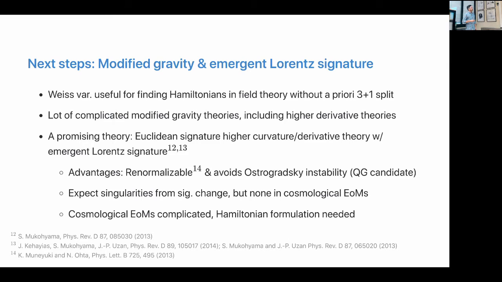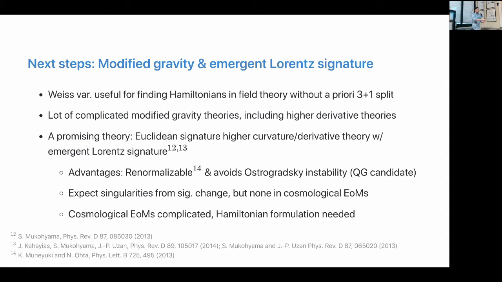The idea is you formulate your theory on a Euclidean signature Riemannian manifold, and you include higher curvature or higher derivative terms in your action, and you construct it in such a way that at low energies you have an effective metric which has a Lorentzian signature.